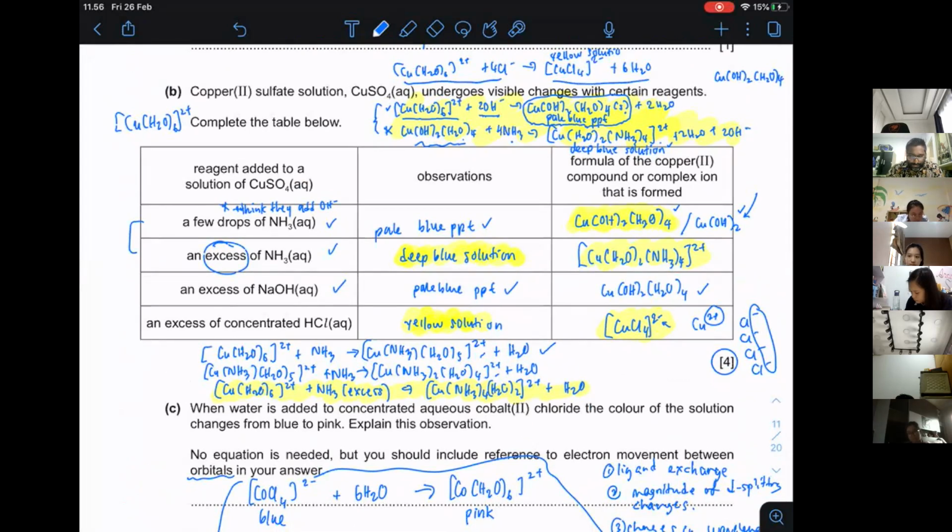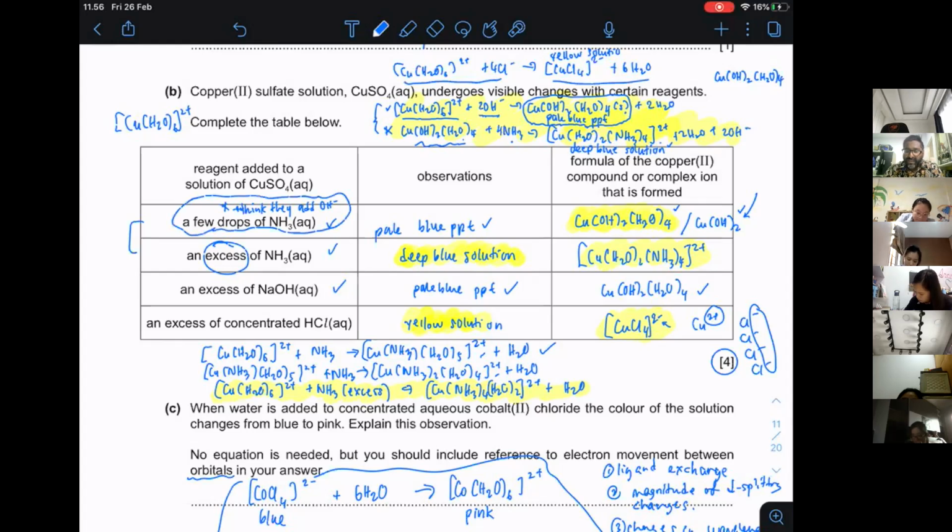But what is important, if let's say you don't remember the equations and so on, the one that I really want you to remember is, when you add a few drops of ammonia, you think as though you are adding OH minus.